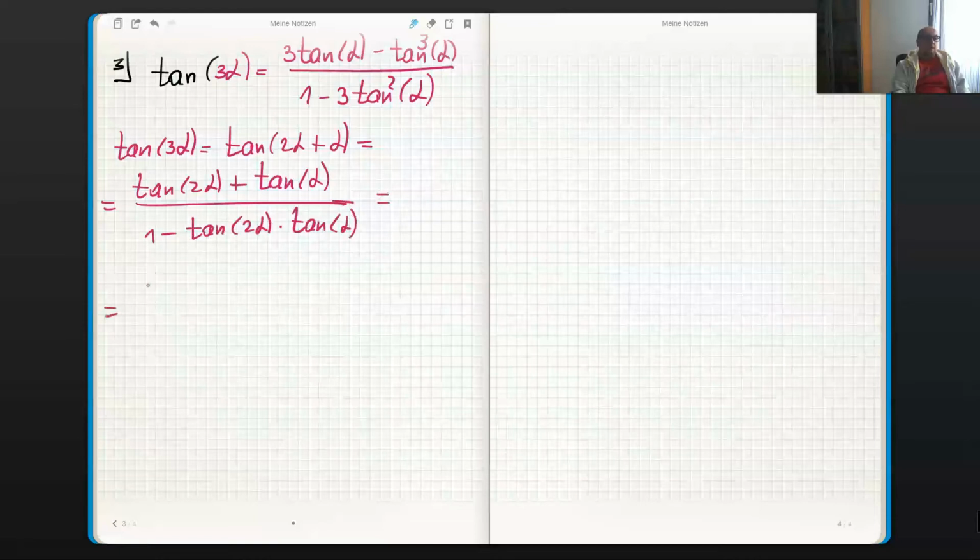Okay, now tangent of 2 alpha, how do we approach this one? Well, as we proved in one of the previous videos, but let's do it one more time.